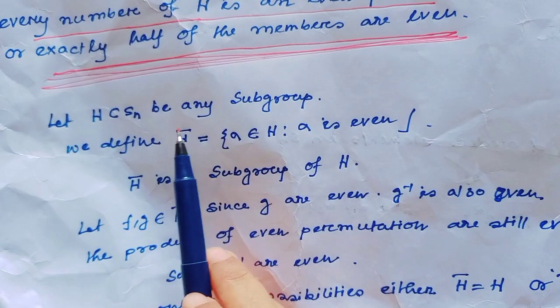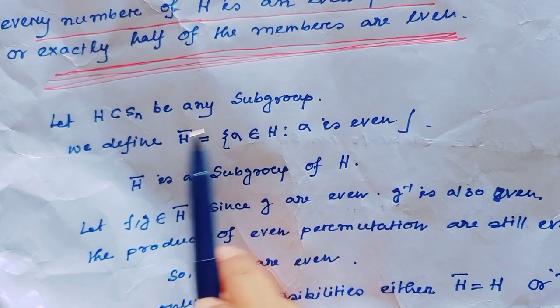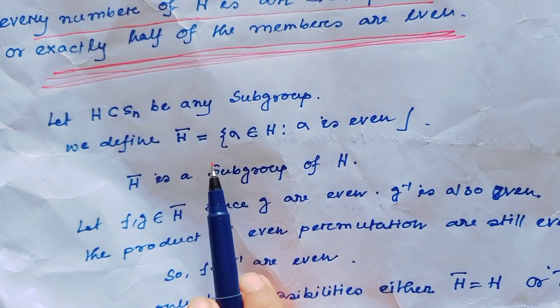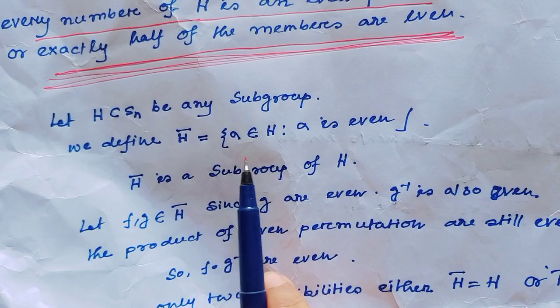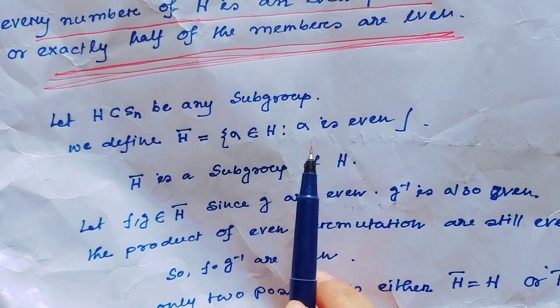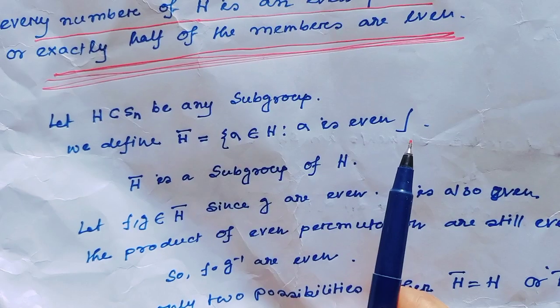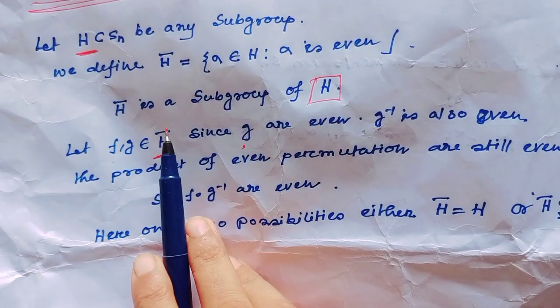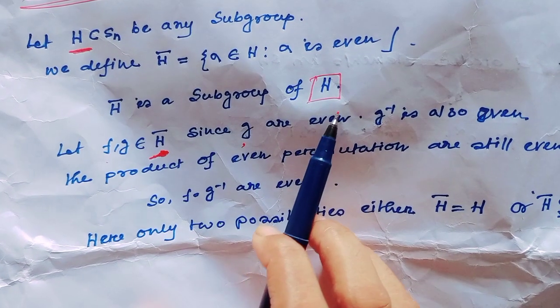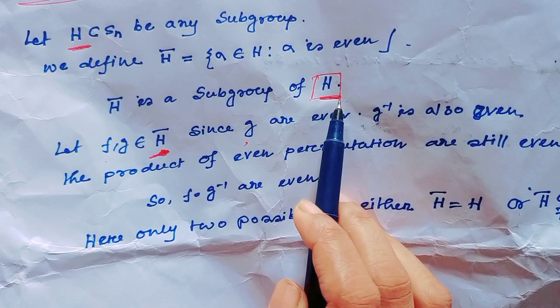Here H is any subgroup of S_n, and we define H bar, which is equal to the set of those sigma in H such that sigma is even.